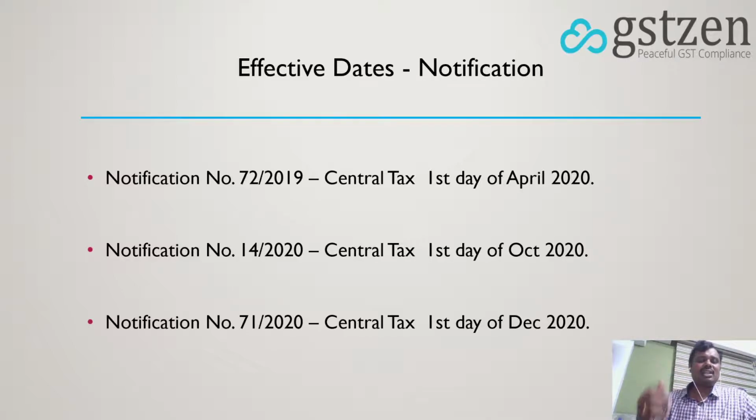The government has further relaxed, and as of now, everyone having aggregate turnover of more than 500 crores in any of the preceding financial years shall have a QR code printed on their invoices issued to the customer effective from 1st December 2020. The latest notification is 71/2020 central tax.